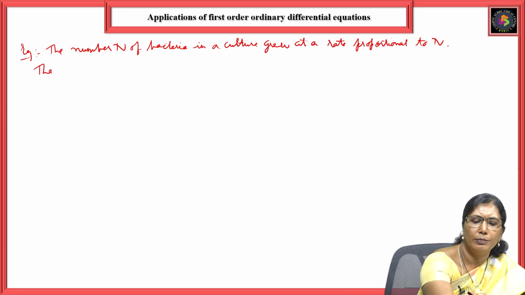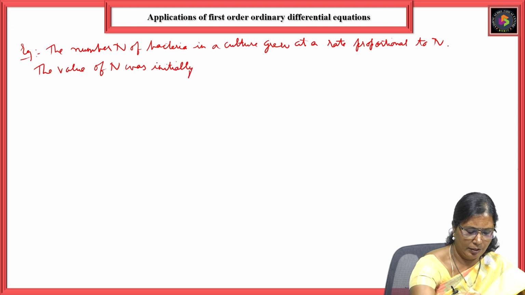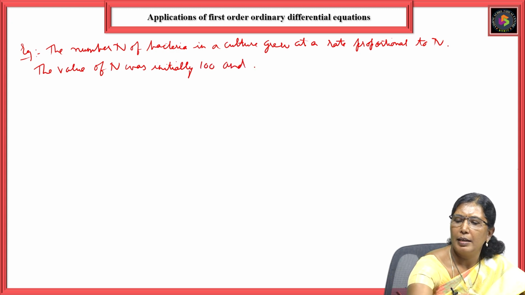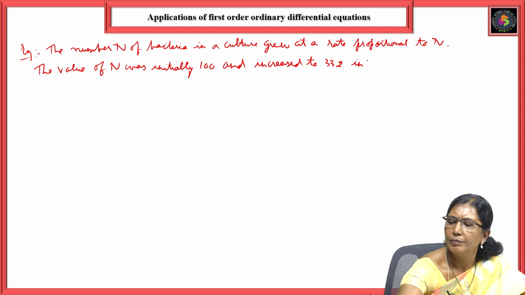The value of n was initially 100 and increased to 332 in 1 hour.